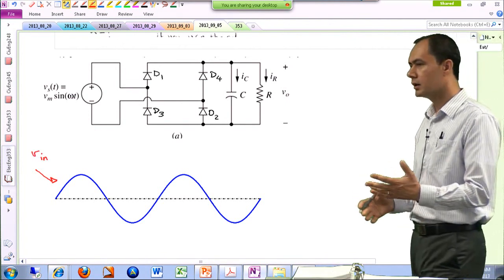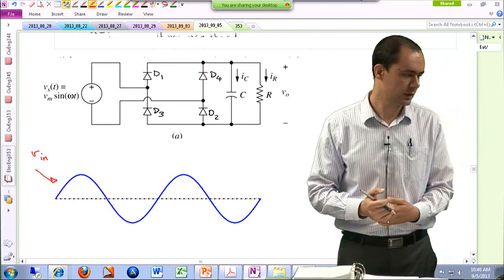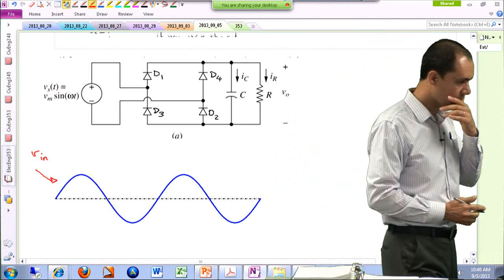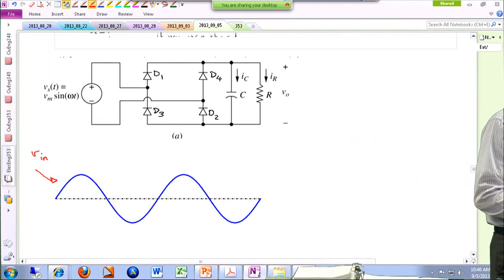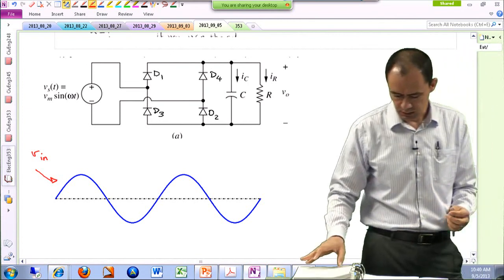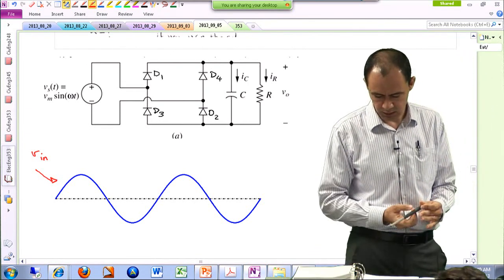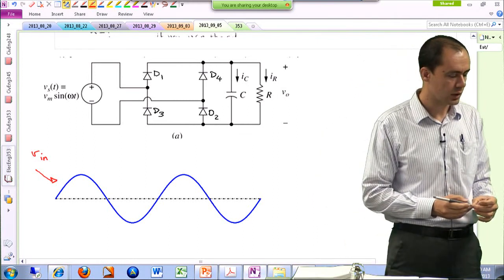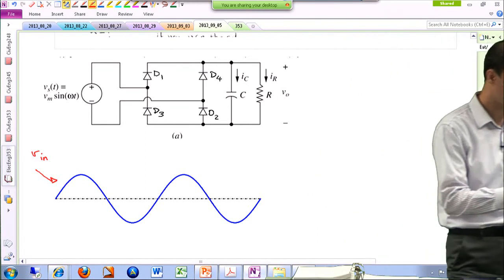Again, we have 4 diodes, 16 possibilities. We are not going to go through them. But as it turns out, if the input voltage is positive and it is trying to get larger than V out, then D1 and D2 conduct.